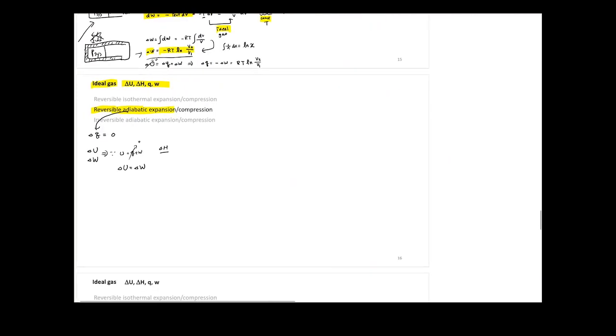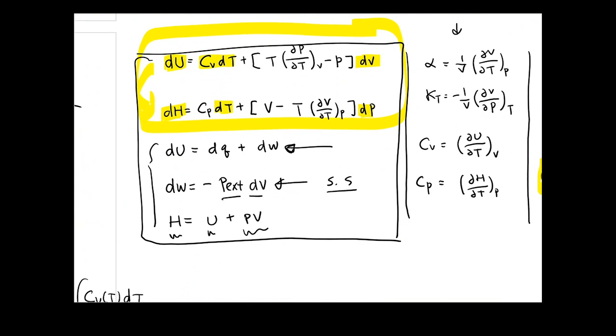The answer is to get back to the most general equations we have, which are: dU is Cv dT plus a big bracket times dV, and the second one is dH is Cp dT plus another bracket times dP. If you look at these two, as we mentioned previously, the first term is your heat capacity times temperature.